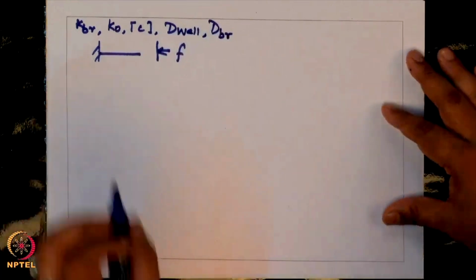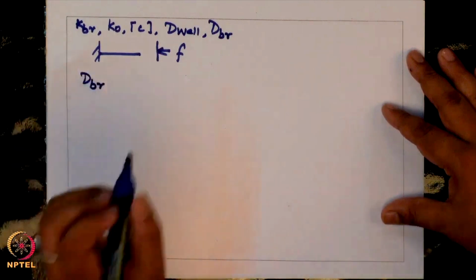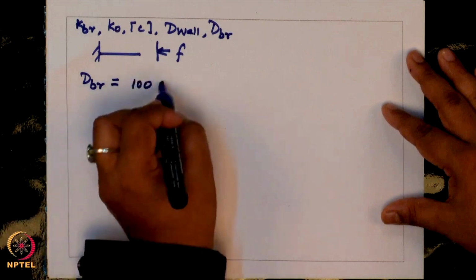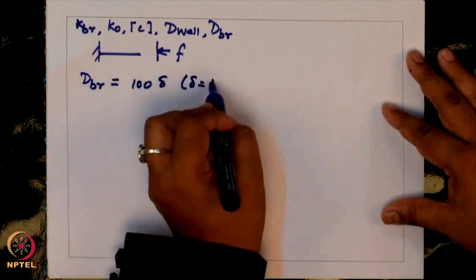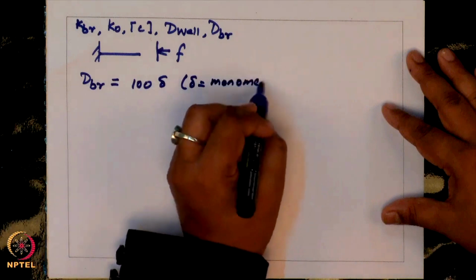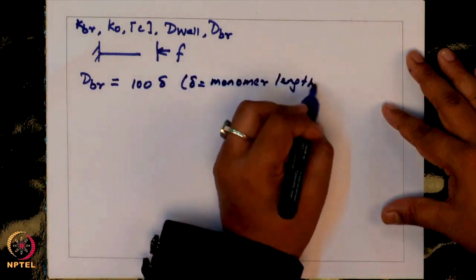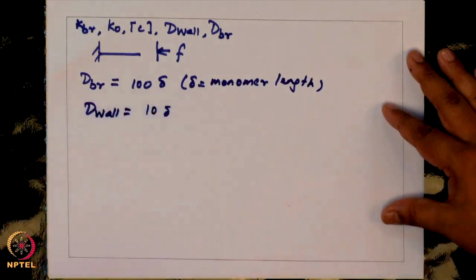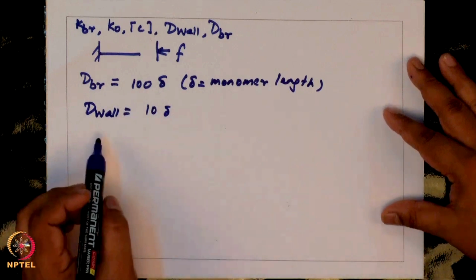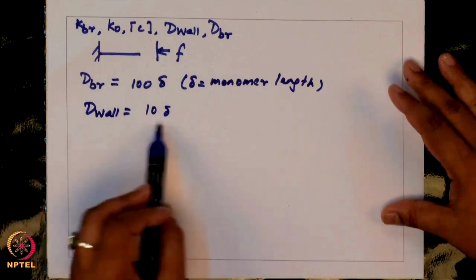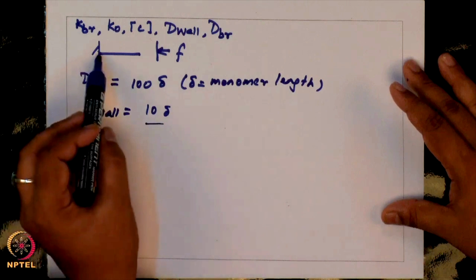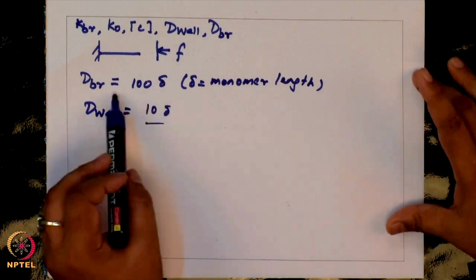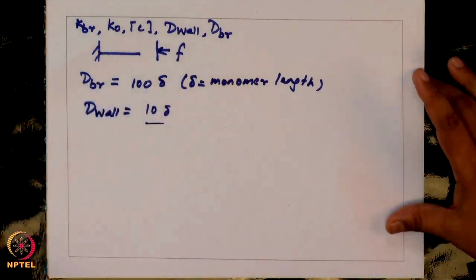Let us assume dBr is 100 times delta, where delta is the monomer length, and D wall is 10 delta. So, what this suggests is that the wall is only 10 delta away from the back wall, while the filament has to be 100 delta in length before a new branch can form.